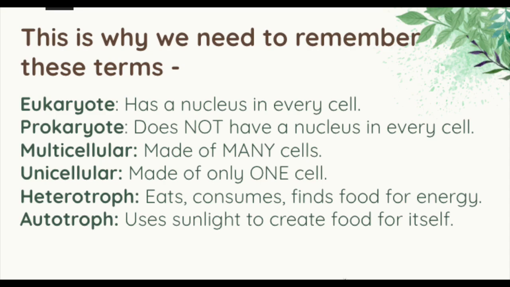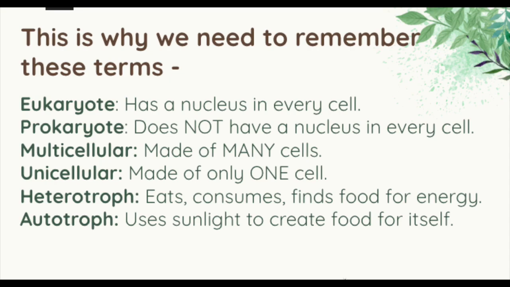Unicellular means it's only made of one cell. A heterotroph means it cannot make its own food. It has to eat, consume, or find food from somewhere else to get energy. And an autotroph means that it uses the sunlight to create food for itself. So we have to know those terms in order to really understand how scientists place organisms in different kingdoms.